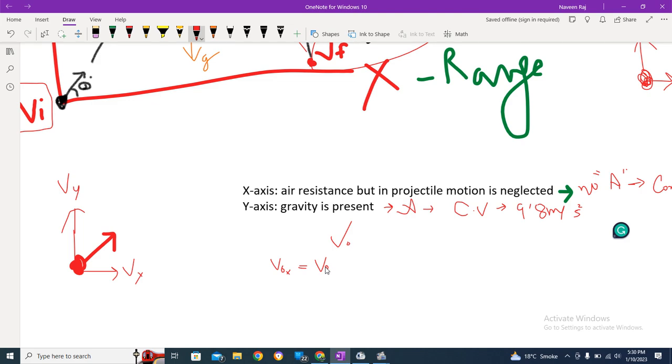This is the resolution of a vector. In the composition of vectors, you get to know it. V naught cos theta became the formula of v naught x, meaning the initial velocity in the x direction.